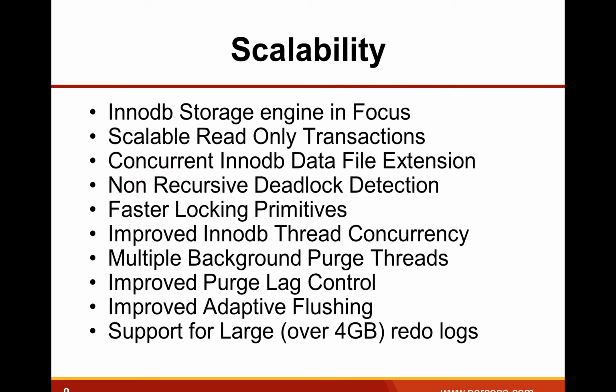Faster locking primitives is something which work has been done on for actually a number of releases to date. In every release in MySQL 5.1 and 5.5, there has been work done to try to make locking primitives faster, because that is something which impacts every single workload out there. And again, improvements have been done in MySQL 5.6, especially on operating systems like Solaris or Windows.